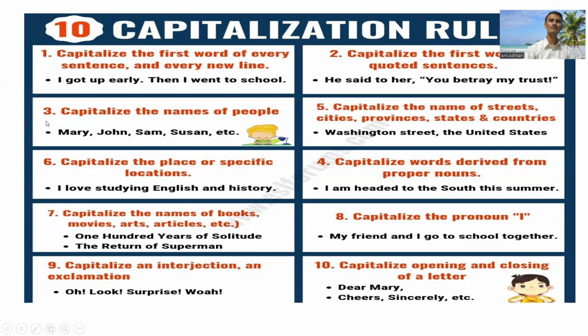Capital is used for the first word of every sentence and every new line. It means the first word of every sentence and every new line. After every sentence, after a full stop, the first letter is always in capital form.